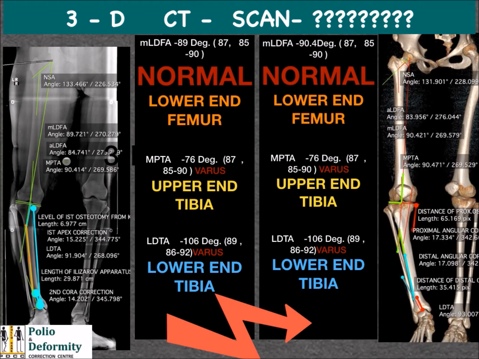It is normal. And upper end of the tibia MPTA is 76 degree, and lower end of the tibia LDTA is 160, which means that the lower end of the femur is normal. The deformity is at the upper end of the tibia and lower end of the tibia.